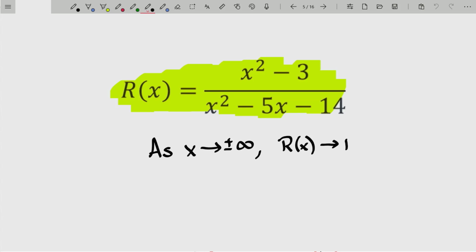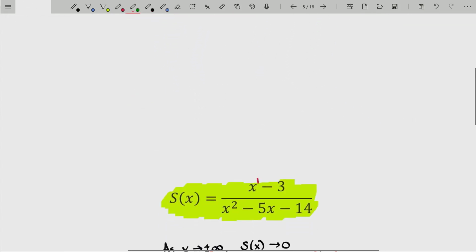Turns out, if the degrees of the polynomials in the numerator and the denominator are the same, then your function will, as x goes to plus or minus infinity, tend to the ratio of their lead coefficients. The lead coefficient of the numerator here is 1. The lead coefficient of the denominator is 1. So as x goes to plus or minus infinity, the function will tend to the ratio of 1 over 1, which is 1.